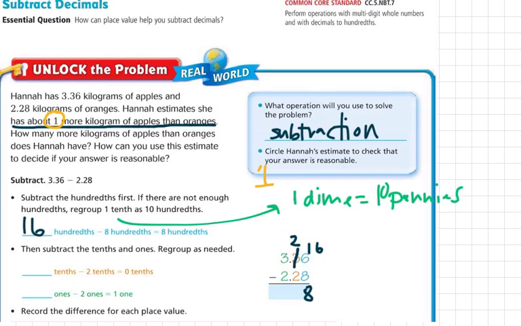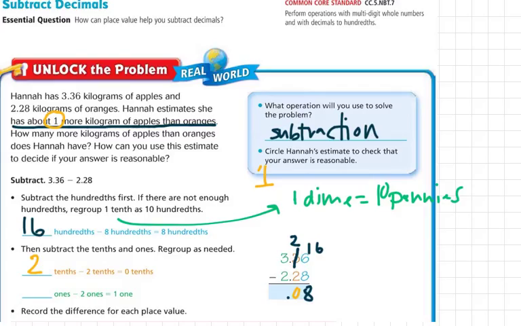Now we're going to subtract the tenths, and then subtract the ones. We'll regroup where it's necessary. In the tenths column, we see that we can do 2 minus 2. So we can take away 2 tenths minus 2 tenths, which gives us 0 tenths.